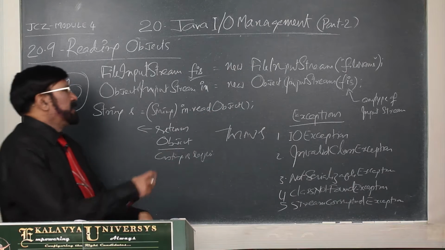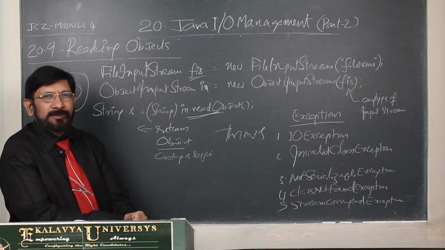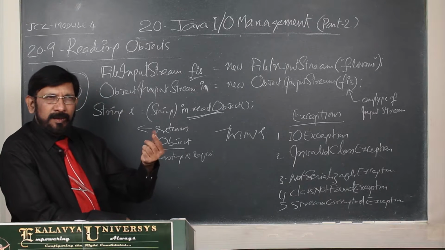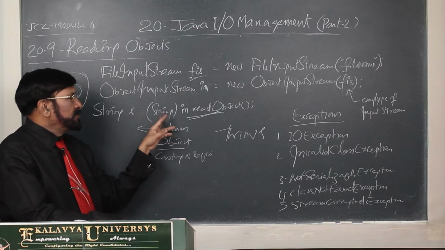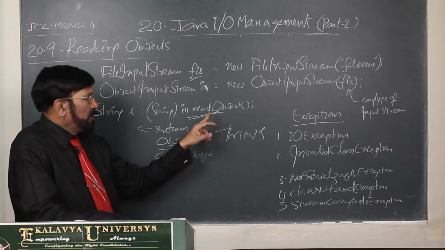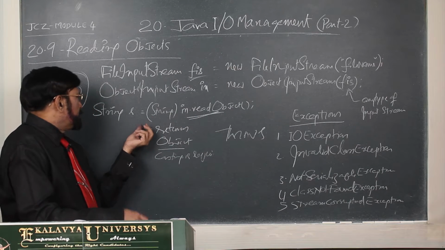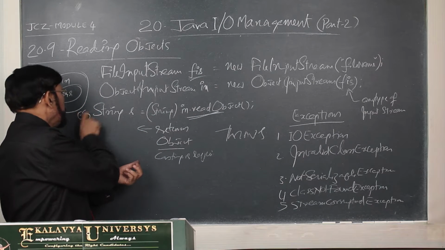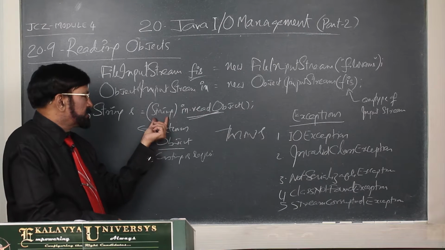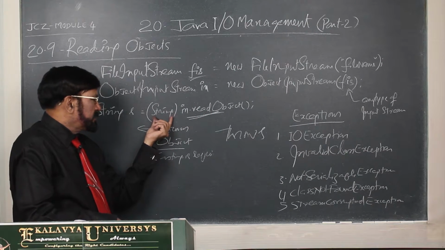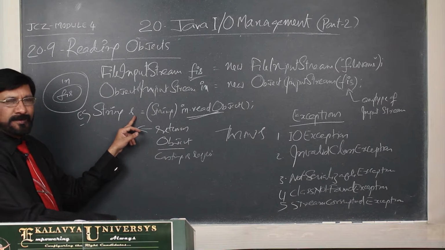This method returns an Object, so whatever type of object it returns, we have to cast to that type. In this example, it returns a String object. That's why I typecast it as a String, and it is stored in a String object.